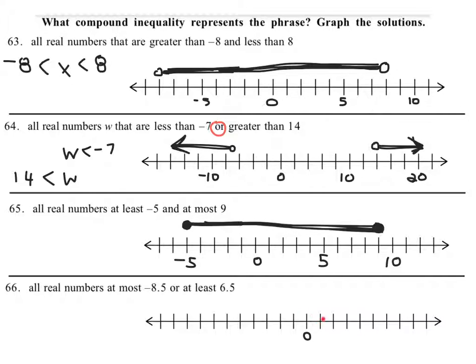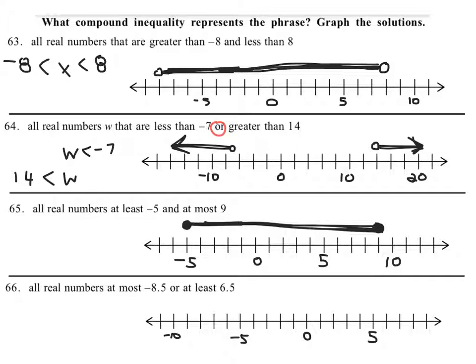If that's 0, then this is 1, 2, 3, 4, that's 5. Okay, and going backwards, I say -1, -2, -3, -4, -5 right there. And continuing to go back, -6, -7, -8, -9, -10 right there.